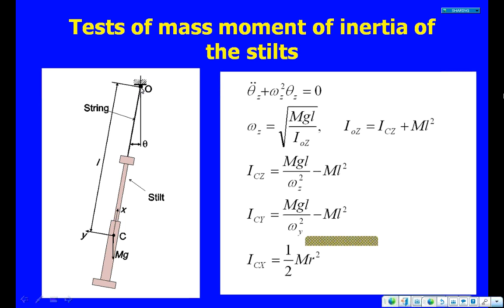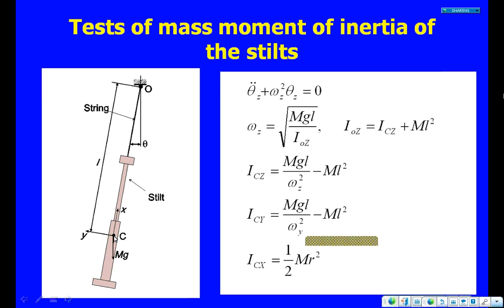You have to use the shifting equation from mechanics to calculate the mass moment of inertia around the mass center.